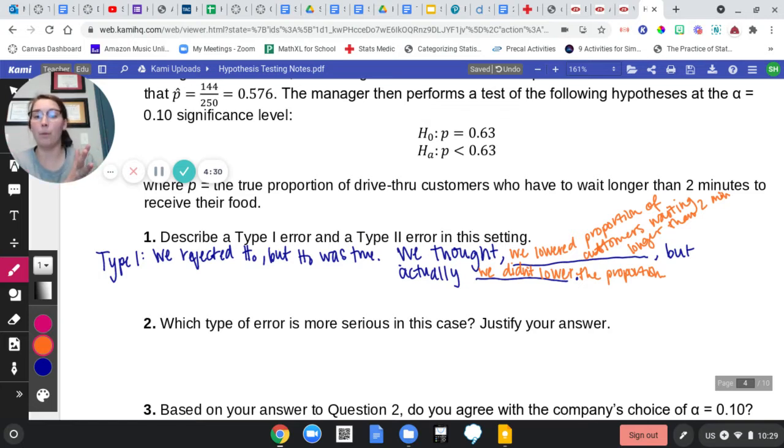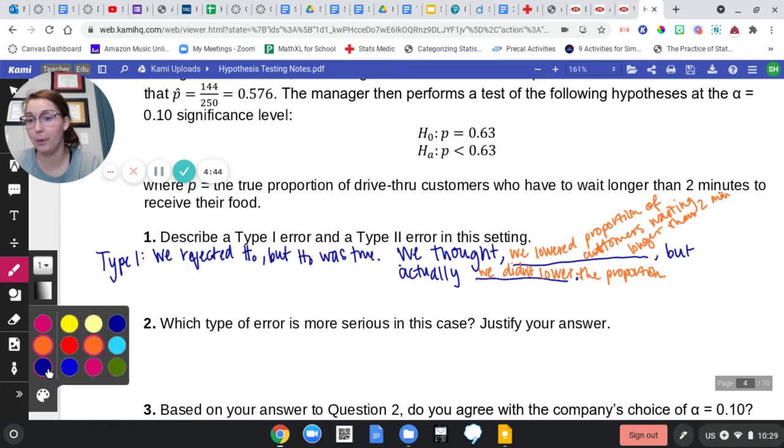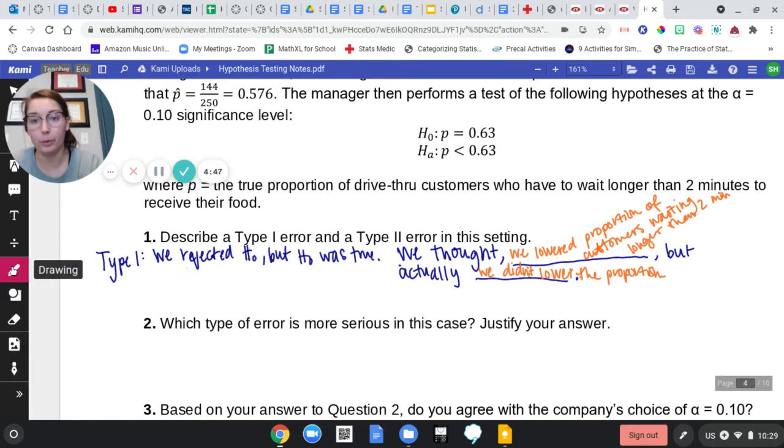And then we can talk more about consequences. So for number 2, we'll get into the further consequences of what actually happened. And this part is usually easier for people that have real world experience, people who are out there in the real world. Okay. Type 2.